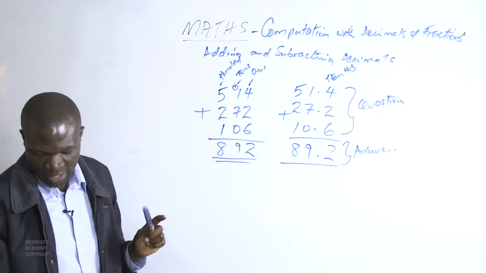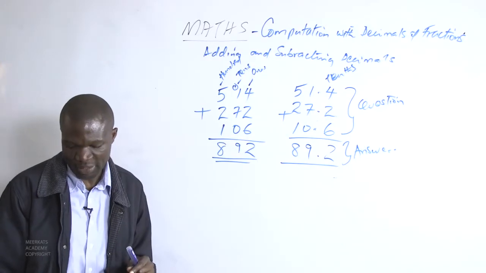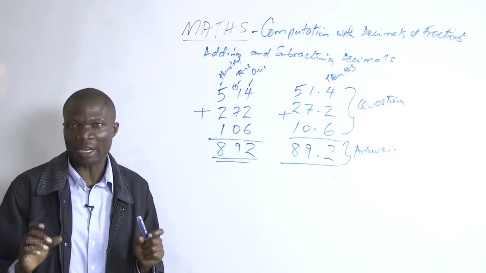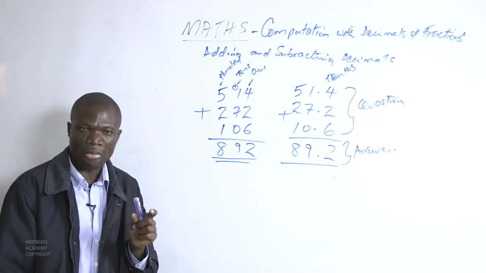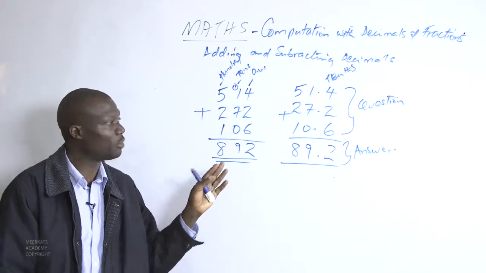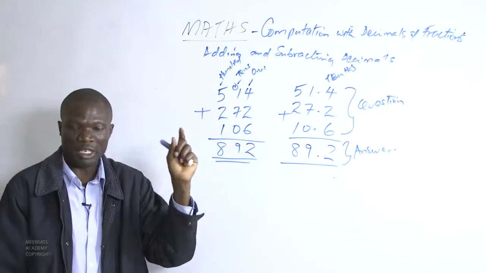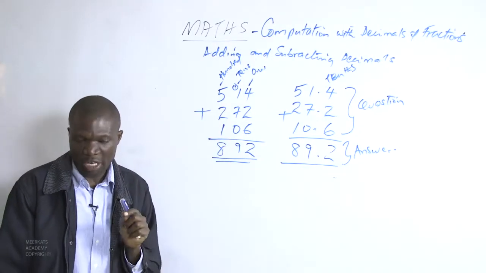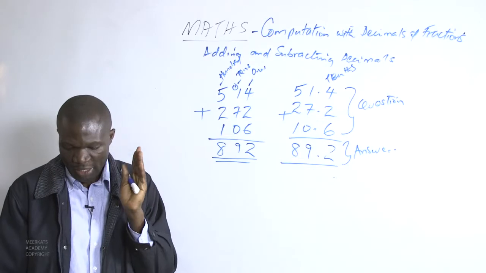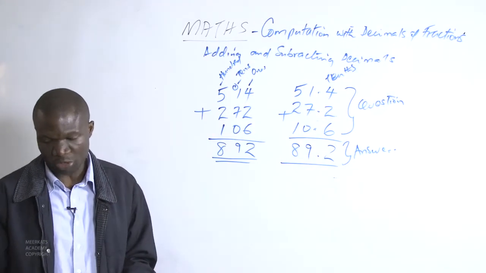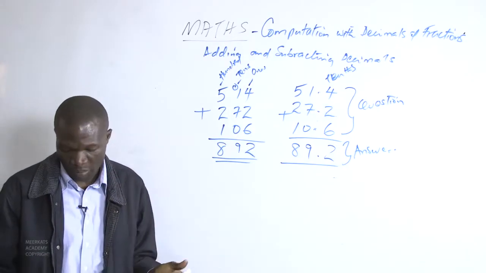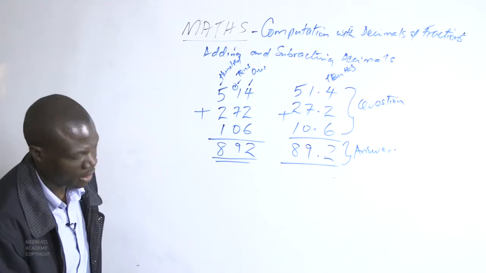Then finally, if the numbers of decimal places in the numbers being added or subtracted are different, then it is helpful to place additional zeros in the shorter numbers, those with fewer decimal places, to prevent calculation errors.